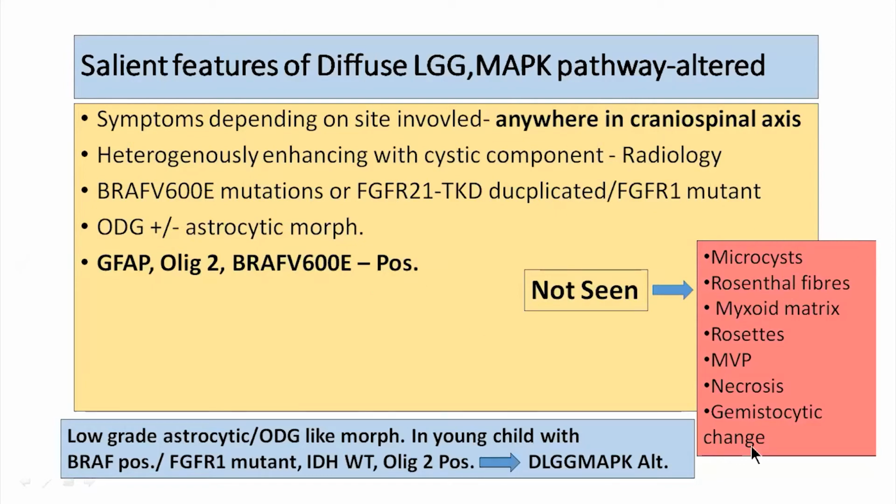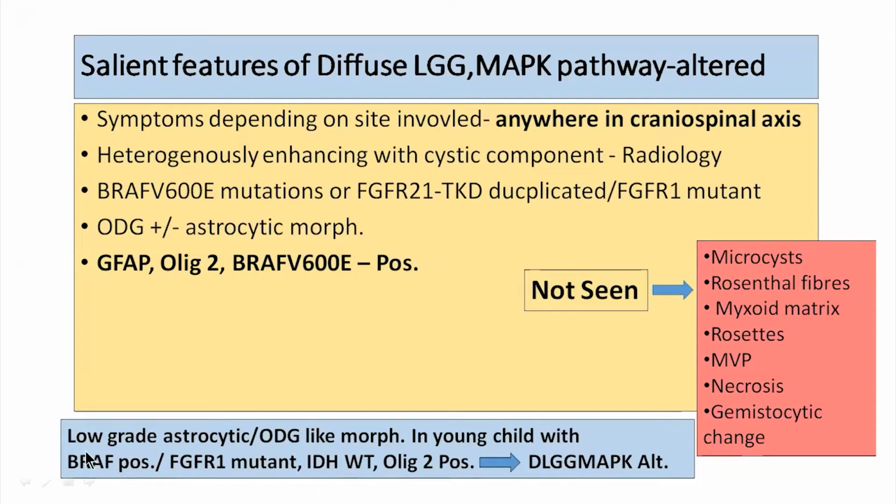Again, the features of high grade will be missing in this entity as well. So if we see a low-grade astrocytic or oligodendroglioma-like morphology in a young child with BRAF positivity or FGFR mutant, IDH wild type, OLIG2 positivity, it's a diffuse low-grade glioma, MAPK.